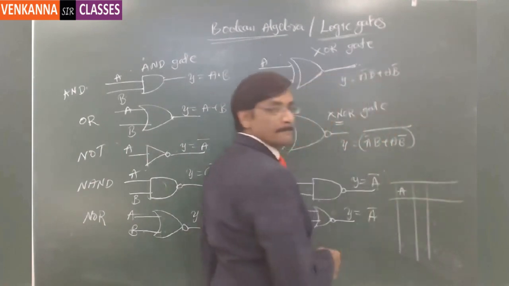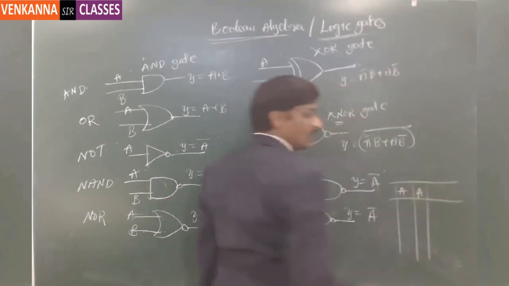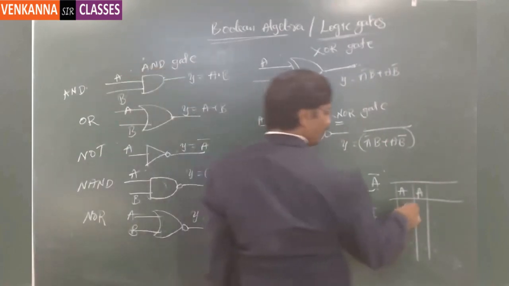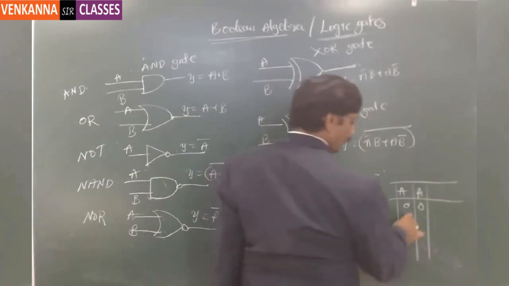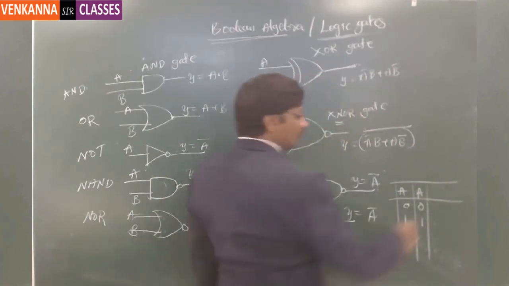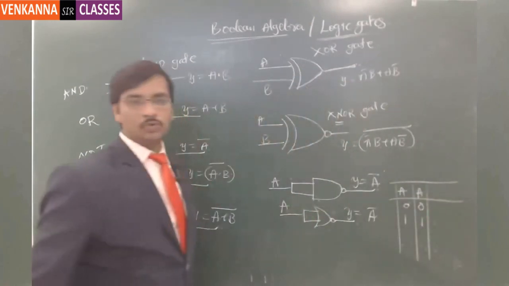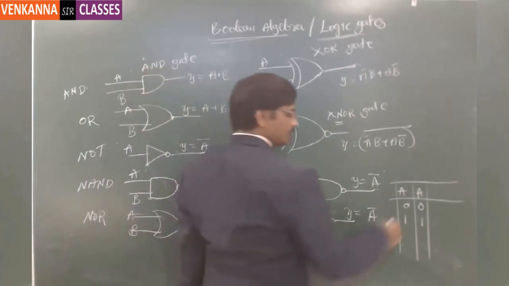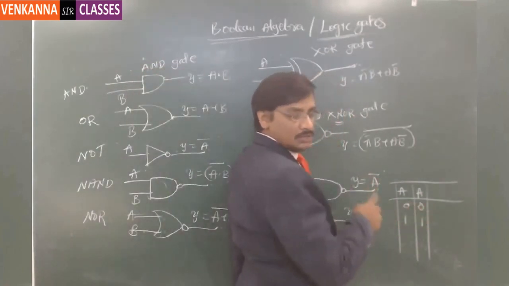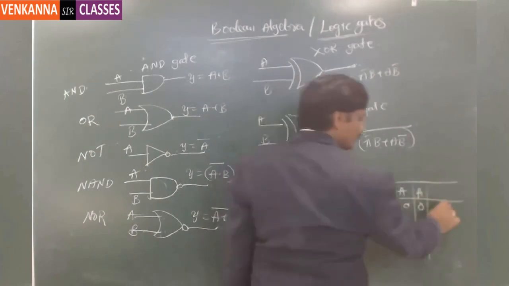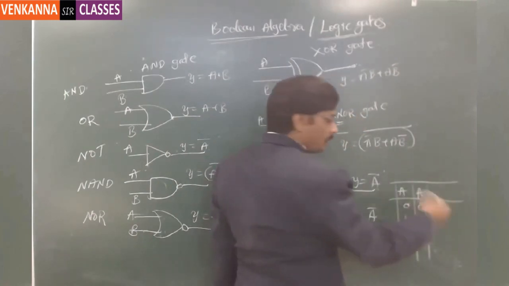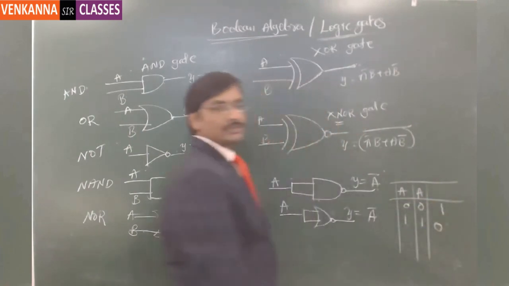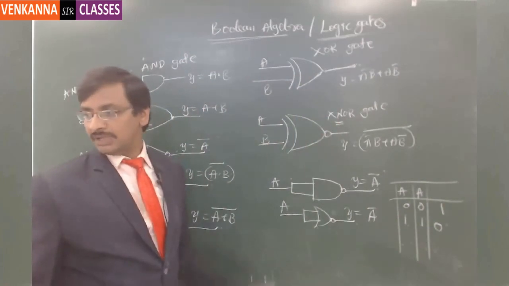This is A, and this is also A. Earlier it used to be A and B. Now if I give 0 here, it will come 0 here. If I give 1 here, I will get 1 here. The output is the NAND gate output, which is not of AND. So 0.0 is 0 and opposite of that is 1. 1.1 is 1 and opposite to that is 0. So if you give 0, you get 1, and if you give 1, you get 0. That is exactly the opposite functionality of the input.